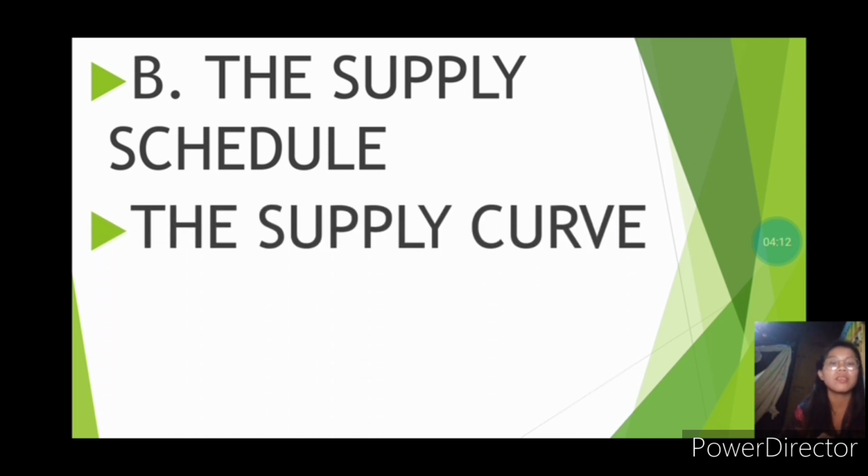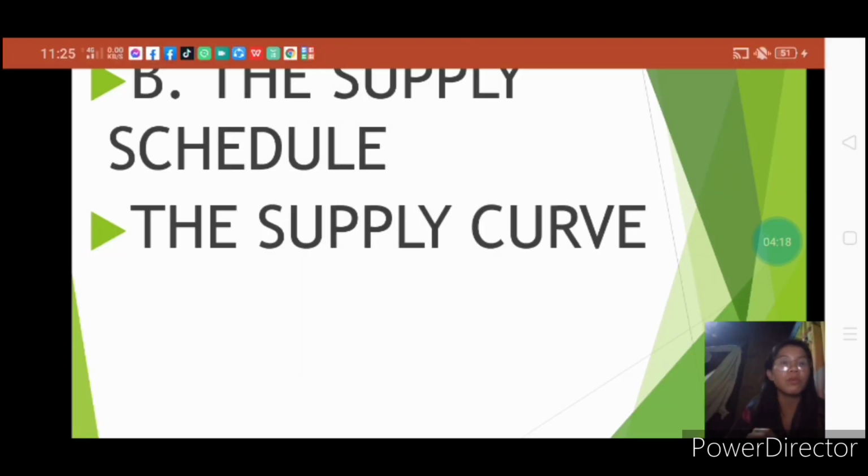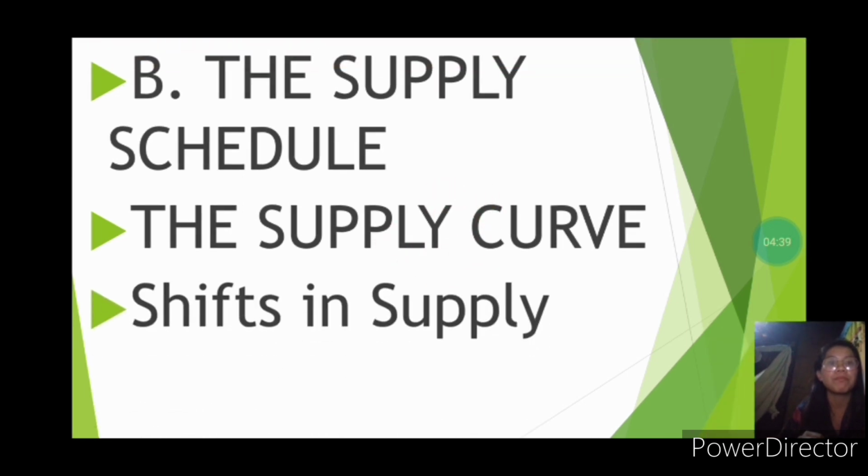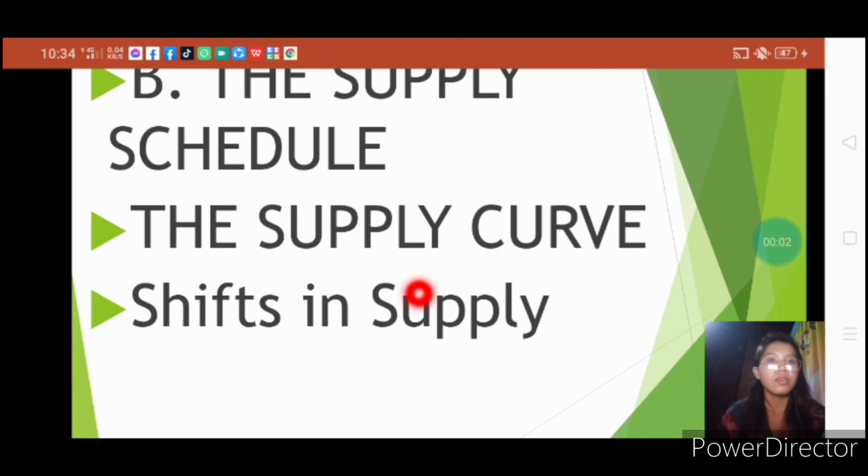So next is the supply curve. When we talk about the supply curve in economics, it shows the relationship between product price and the quantity of product that a seller is willing and able to supply. So next is the shift in supply.